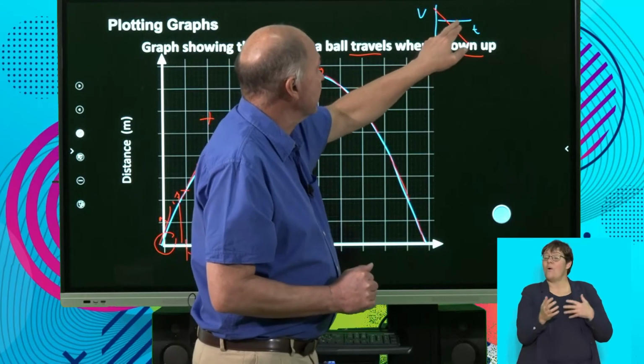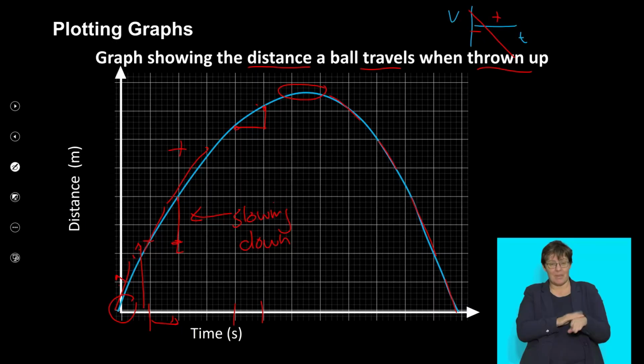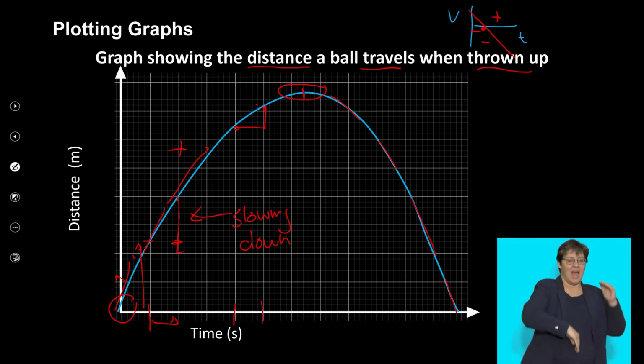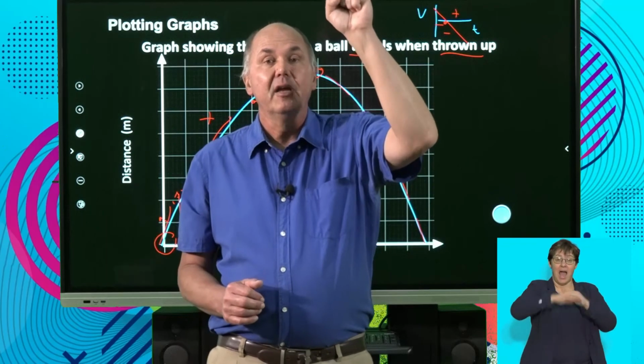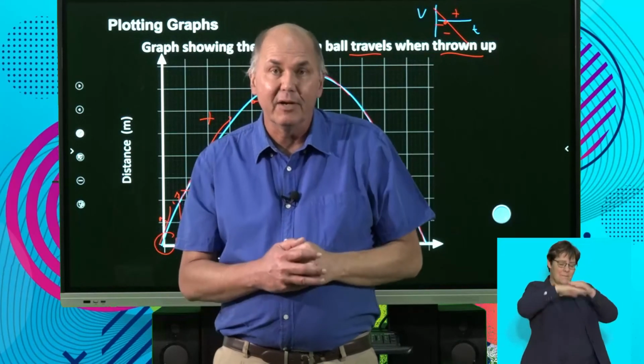Whenever it crosses the time axis, that was the positive velocity, this is a negative velocity. It's changed direction. This point here correlates to the highest point. So at the highest point, the ball has 0 velocity, but it has the maximum height above the ground.